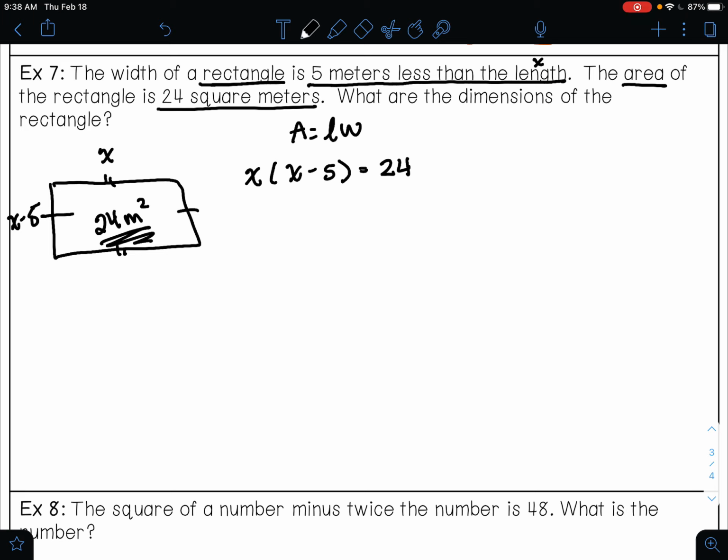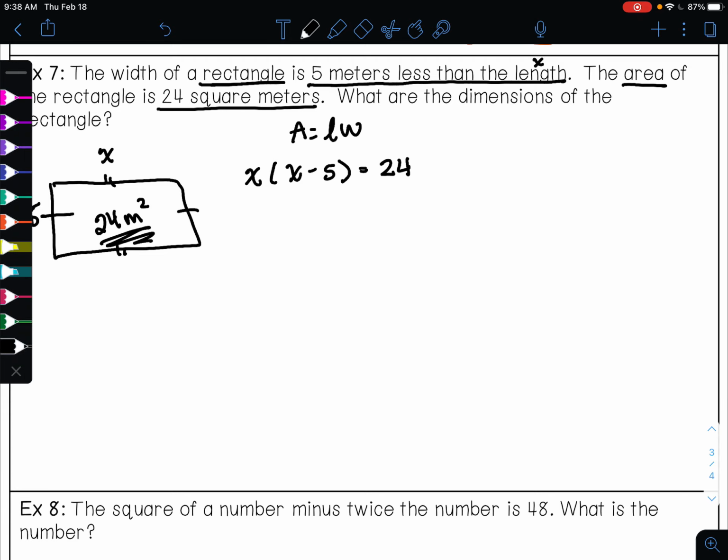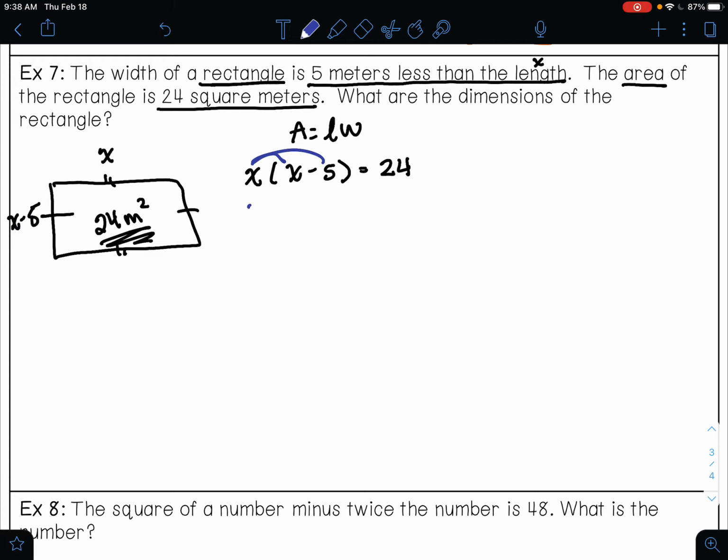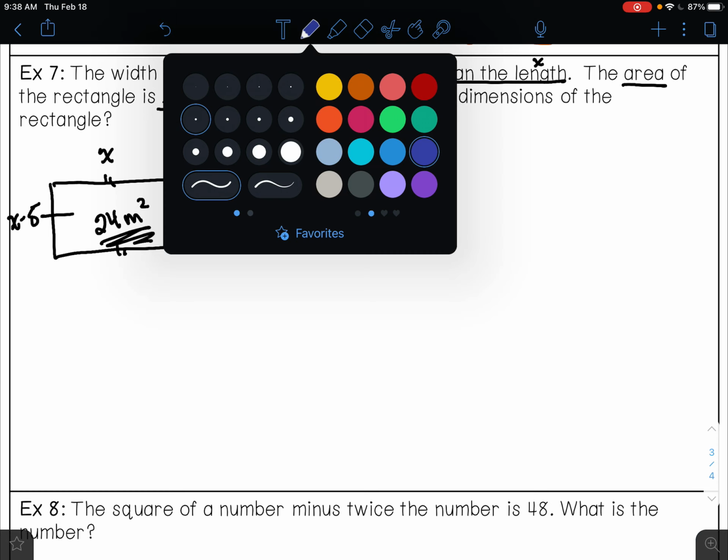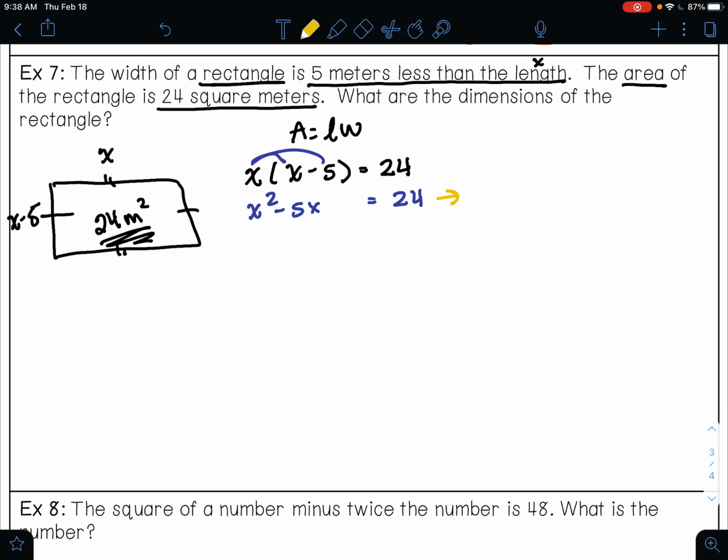Well, to be able to solve this, I'm going to have to go ahead and distribute this x. And when I do that, I have x squared minus 5x equals 24. I know that in order to be able to use the principle of zero products, this must equal 0.